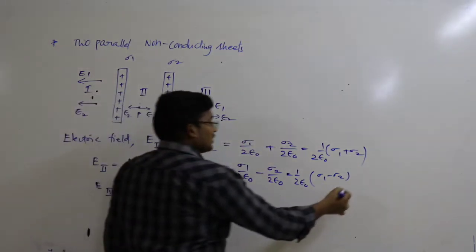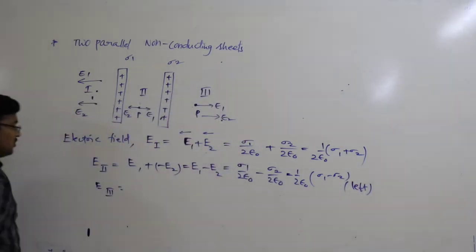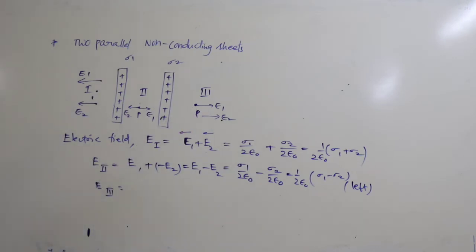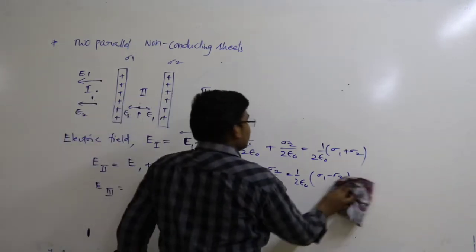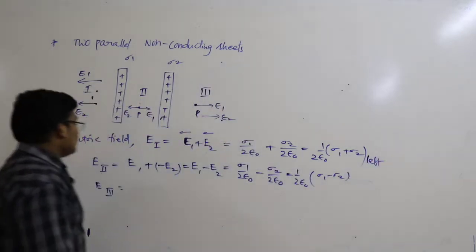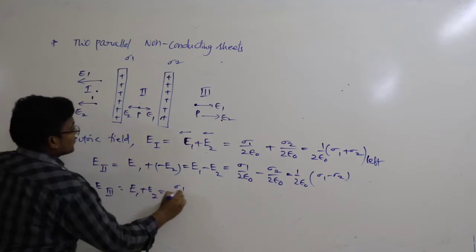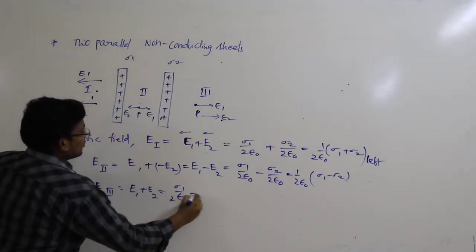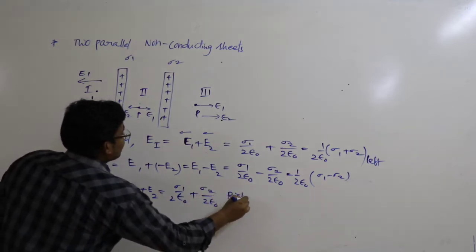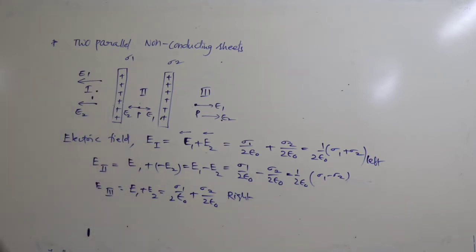Here both are in the same direction, so E1 and E2 will be added. So sigma 1 by 2 epsilon naught plus sigma 2 by 2 epsilon naught. The net electric field is towards the right. Okay.